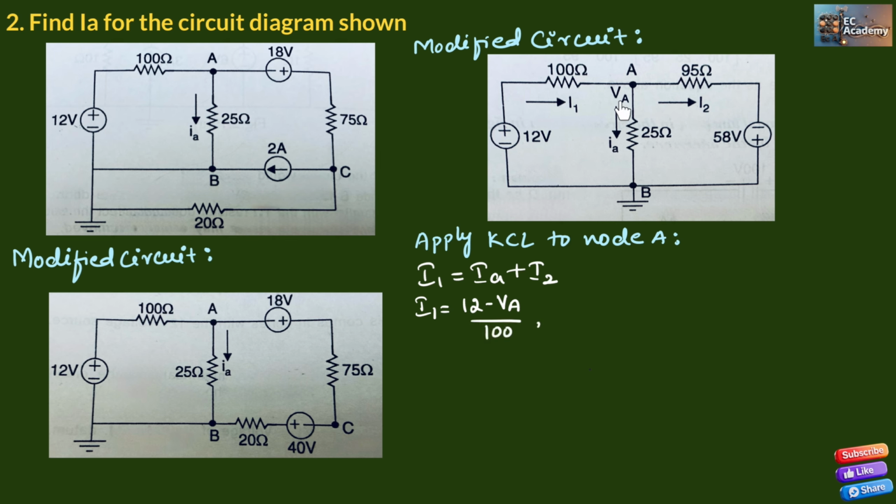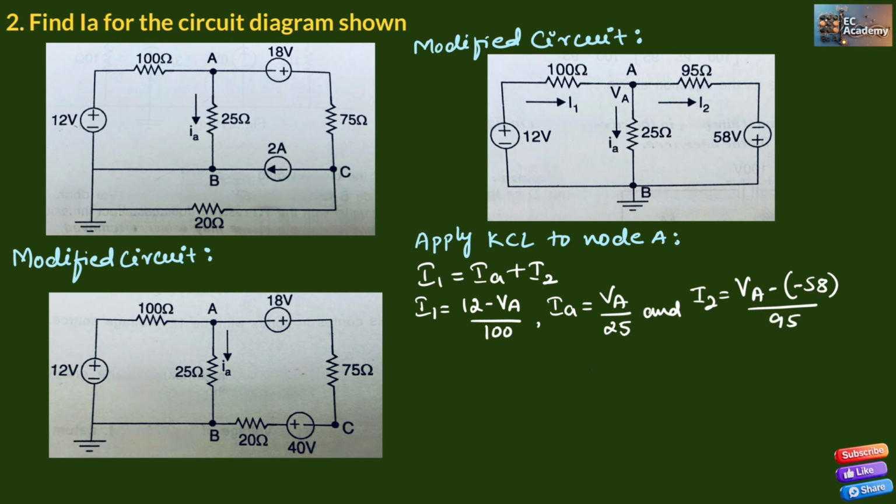IA can be written as VA minus 0 divided by 25, so IA is equal to VA divided by 25, and we can write I2 is equal to VA minus of minus 58 volt divided by 95.